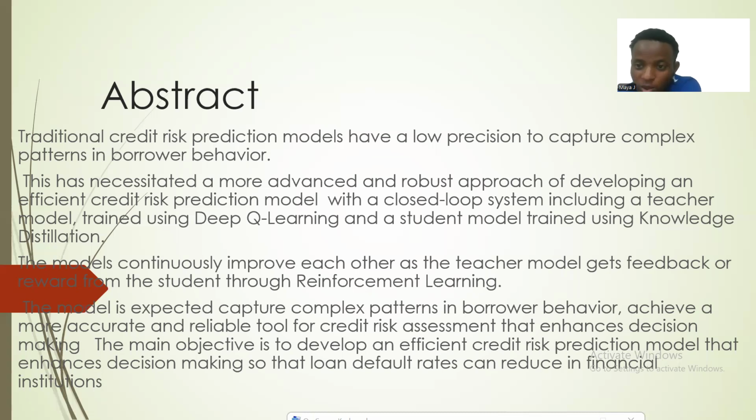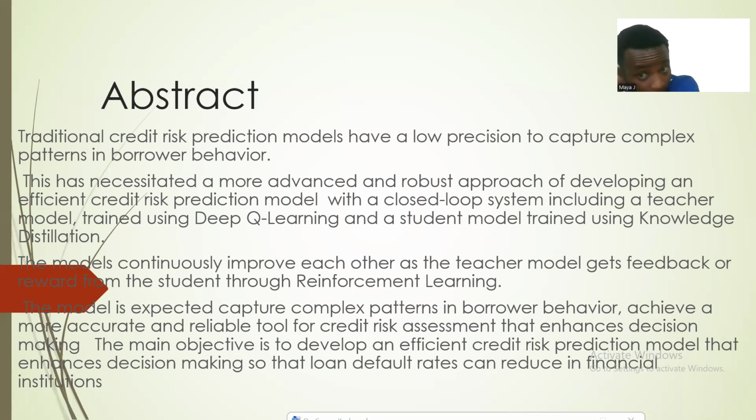So I decided to come up with a way of combining different algorithms to be able to capture complex patterns in high dimensional data so that the credit risk prediction model can be more accurate. We're going to use deep Q learning, knowledge distillation, reinforcement learning.